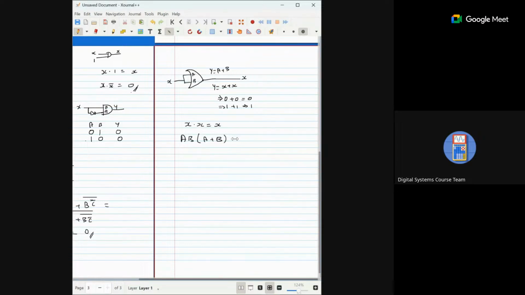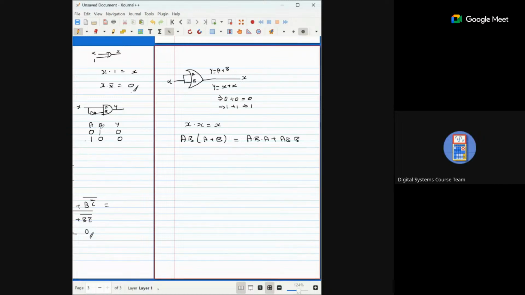According to the distributive law, can I write it like AB dot A plus AB dot B? Should be able to, sir, right?